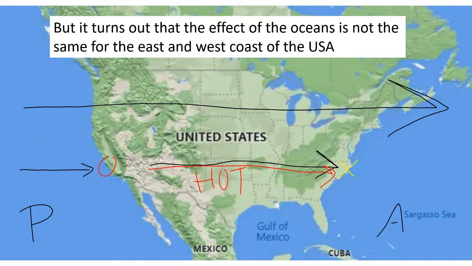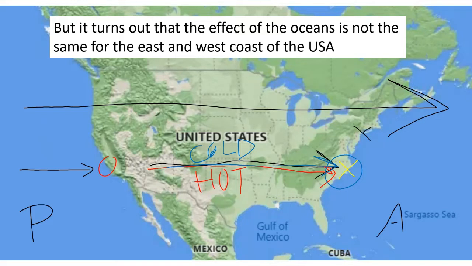But in the wintertime, this part of the country can get cold. So what comes to me is cold air. So on the Atlantic coast, my temperatures change a lot more than on the Pacific coast because the air that is coming to me is coming from over land, and that land can be either hot or cold depending on the season.